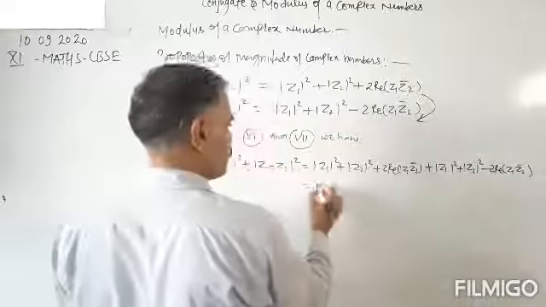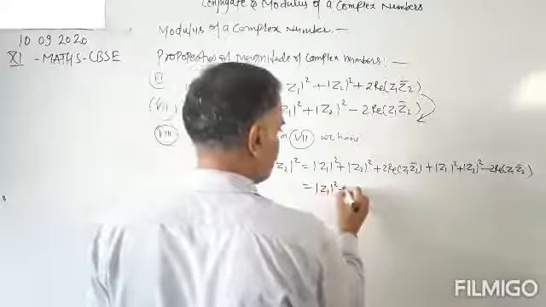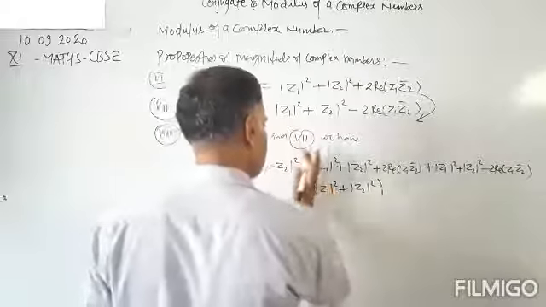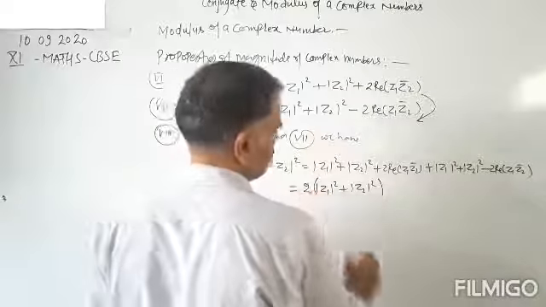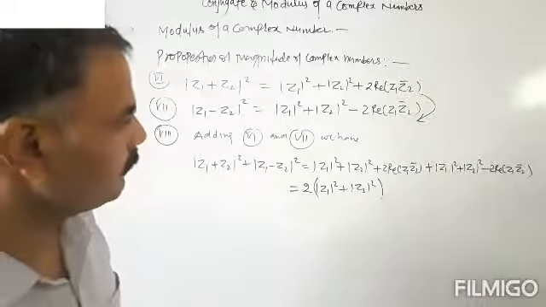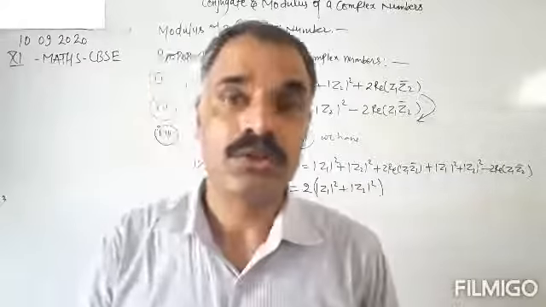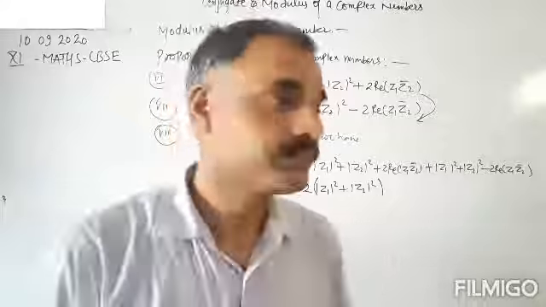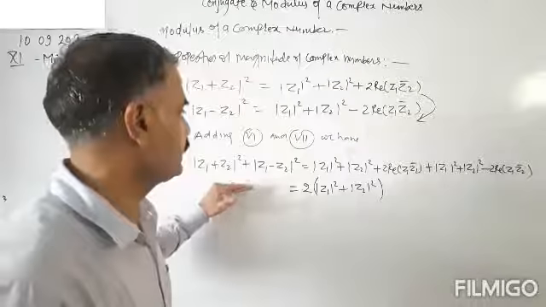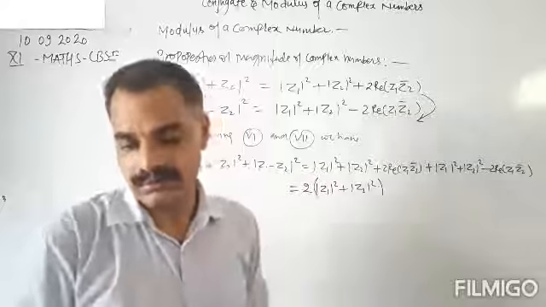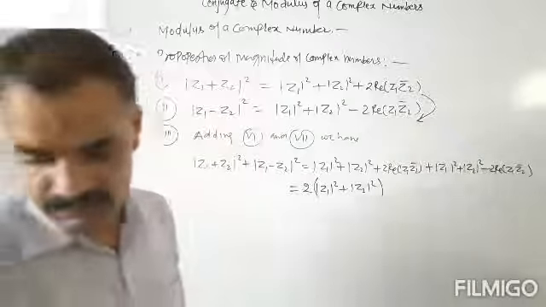So this equals 2 times magnitude z1 square plus magnitude z2 square. So this is result number 8.